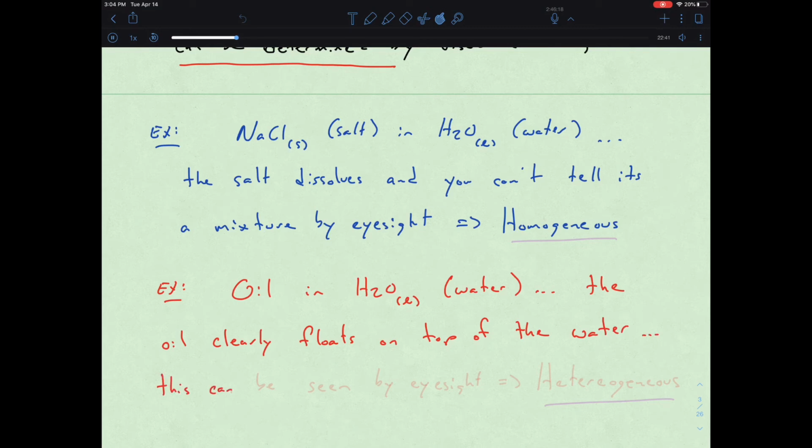This can be seen by eyesight. So that is our heterogeneous type of mixture. So those are our two terms for our mixtures. We have homogeneous and heterogeneous. And one we can't tell it's a mixture by eyesight, homogeneous. One we can tell it's a mixture by eyesight, and that is heterogeneous.